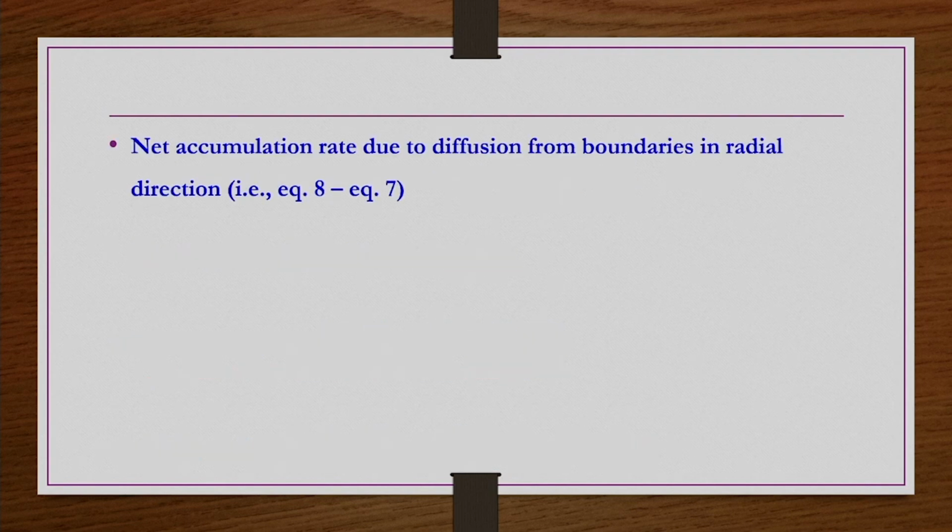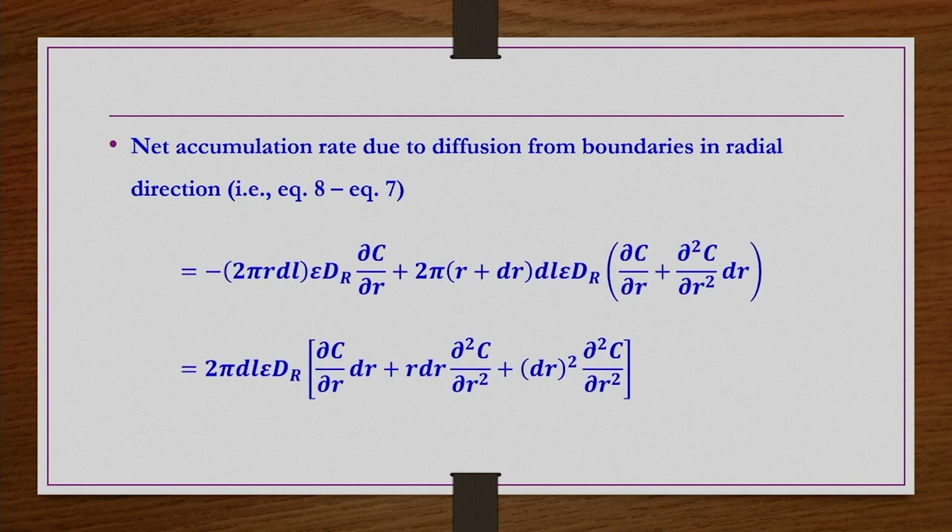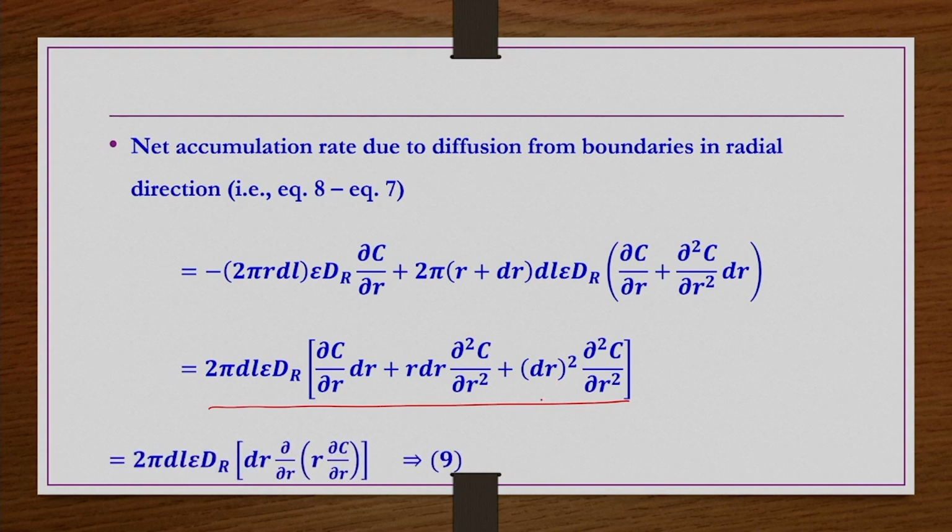So, net accumulation rate due to diffusion from boundaries in radial direction from r to r plus dr is equation 8 minus equation 7, that you do simply and you get this equation, right. So, now dr we are taking very small, so then this term may be cancelled out, okay, and then these two terms we can combine and write like this term, right.